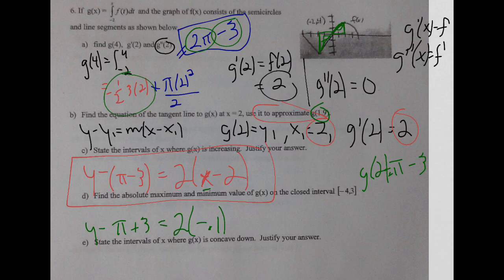And then I just simplify some things. So I move those two pieces over and I get y equals positive pi minus 3 minus 0.2, which gives me a pi minus 3.2.